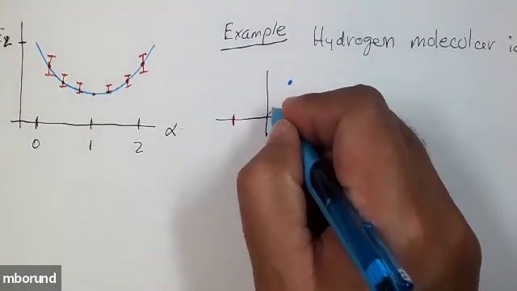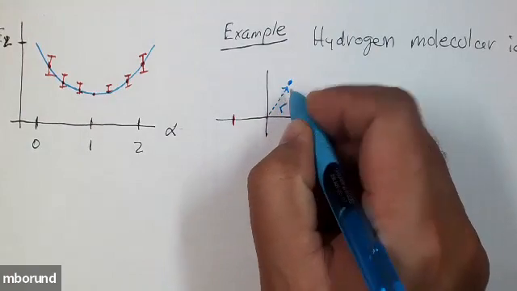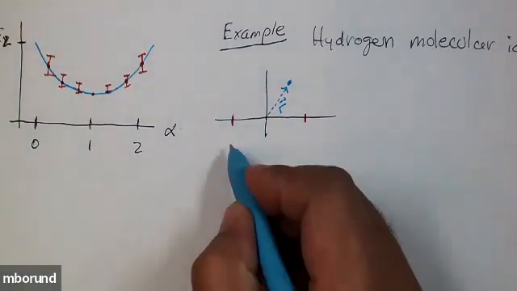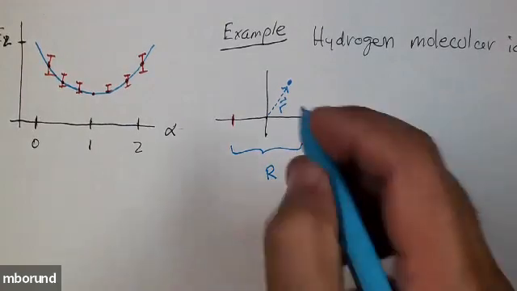So this distance right here is R. Let's say that the distance from here to here was R.